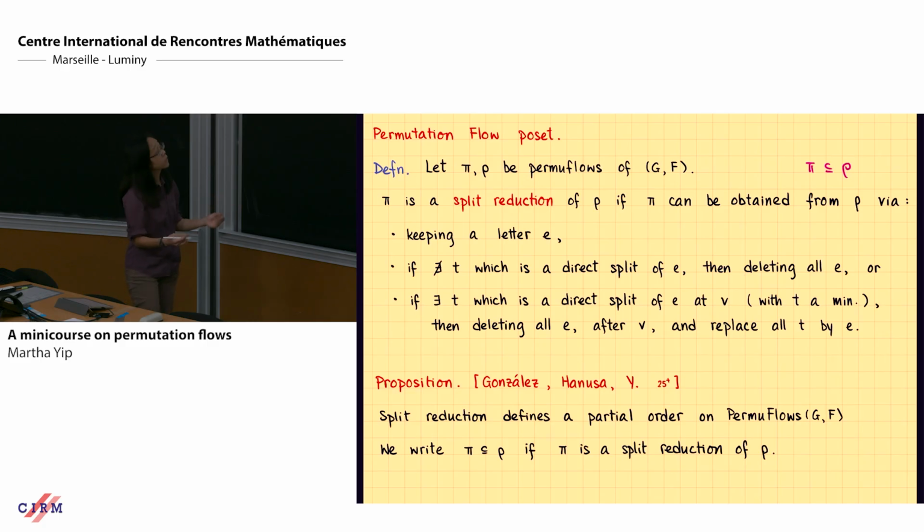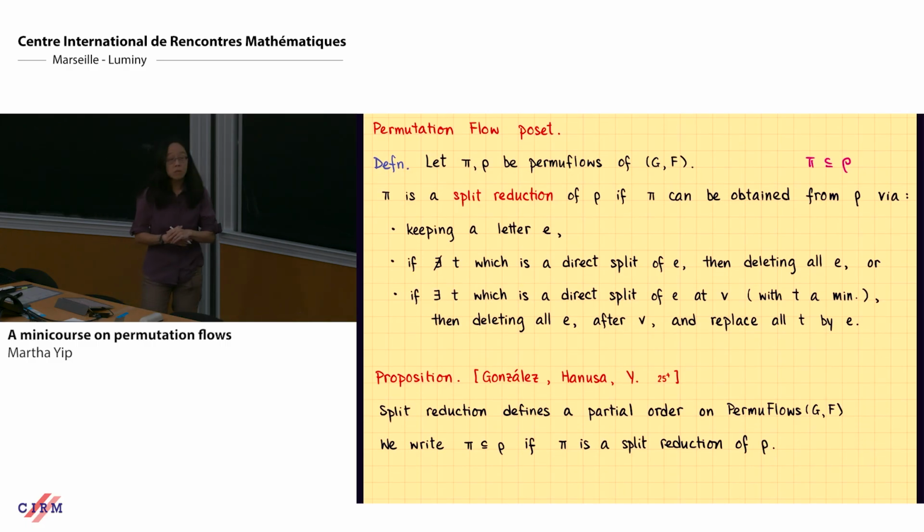That's okay. Or I might want to delete a letter. But how I delete a letter depends on whether there are direct splits of it. If I want to delete a letter that does not have direct splits, I can just delete it. Otherwise, if T is a direct split of that letter, then I can delete all the E's after V where they split, and then replace all the T's by E's. So delete and replace.